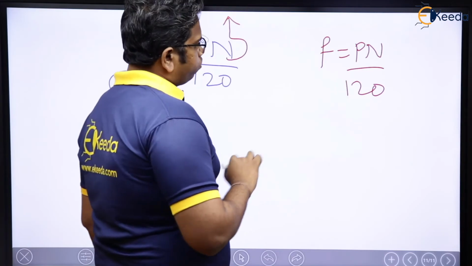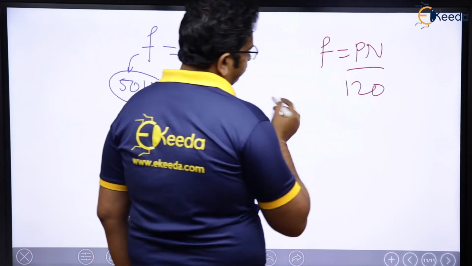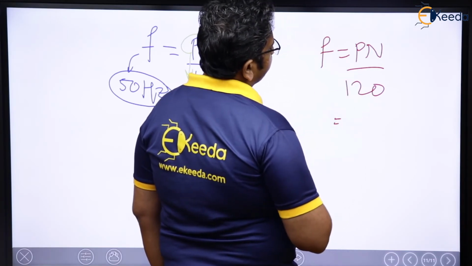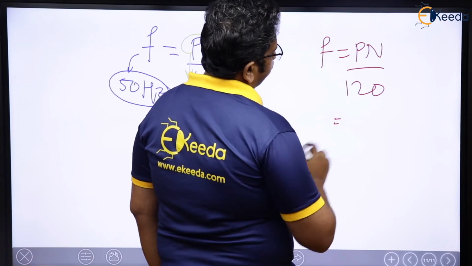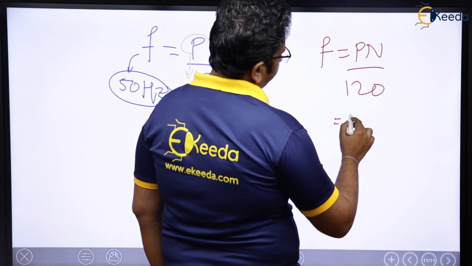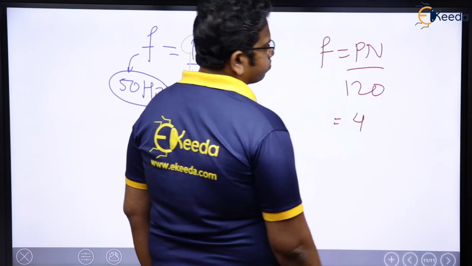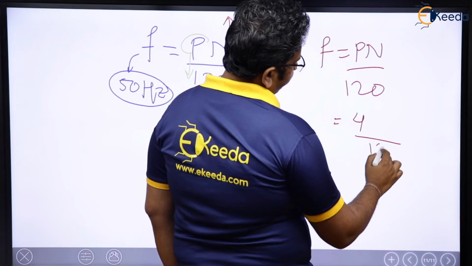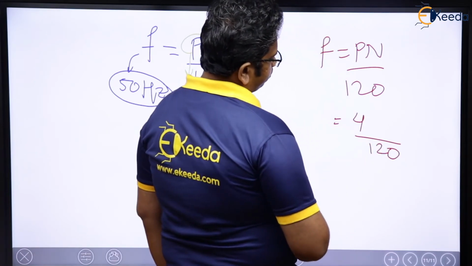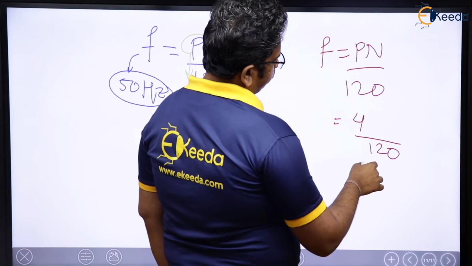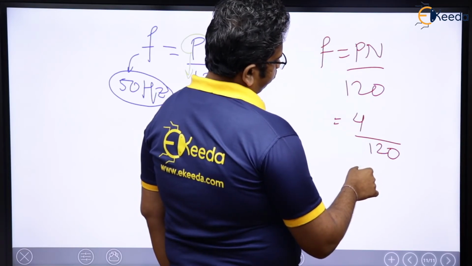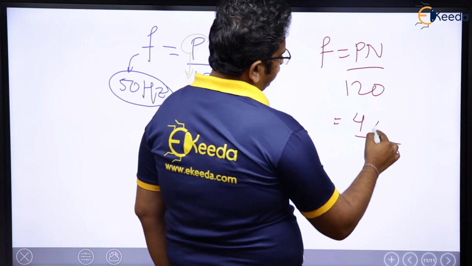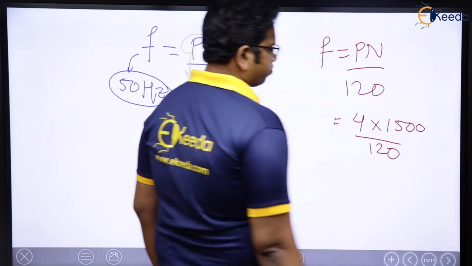Let us say poles are 4, and this is 120 only, and let us say speed is 1500 rpm.